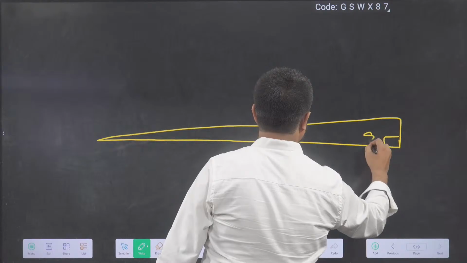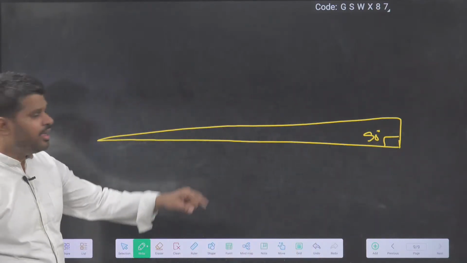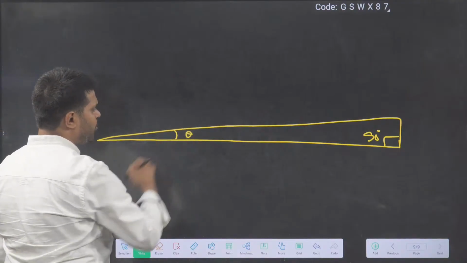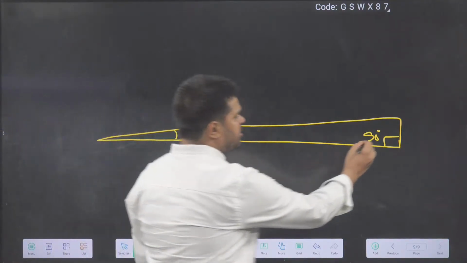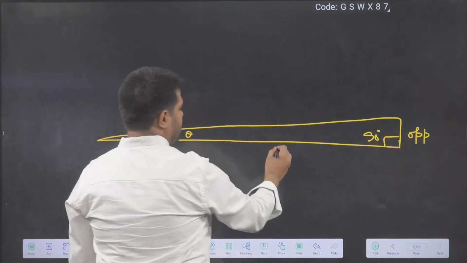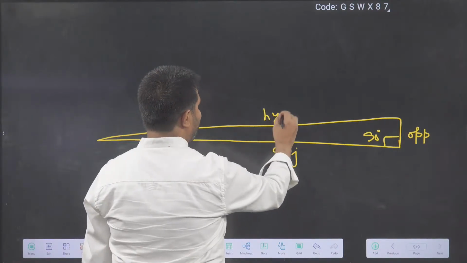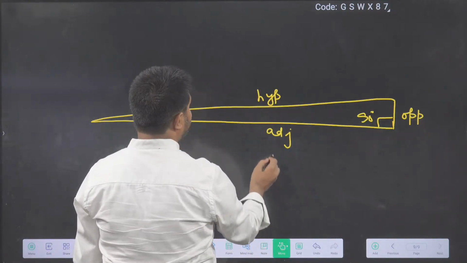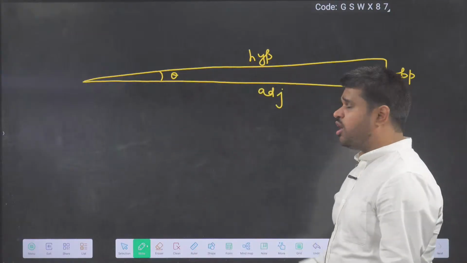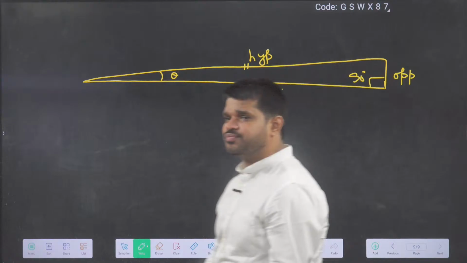This is 90 degree. This is a right angle triangle, 90 degree, angle theta. This is opposite, this is adjacent, and this is hypotenuse. Now my first question, if this theta is small, do these two sides approximately look equal?